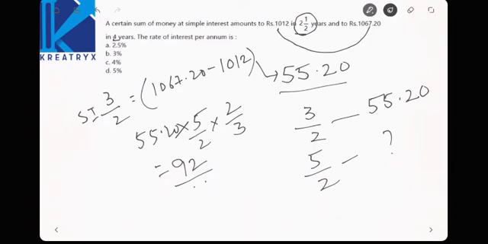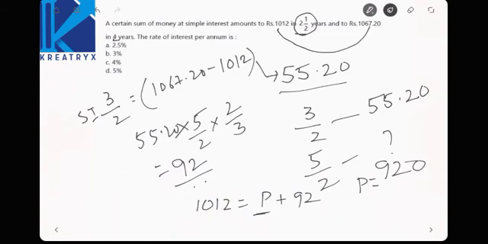Now the total sum is 1012. Principal plus interest, interest is 92. Now what is principal? 920, right? Principal is 920. Now find out the rate of interest.